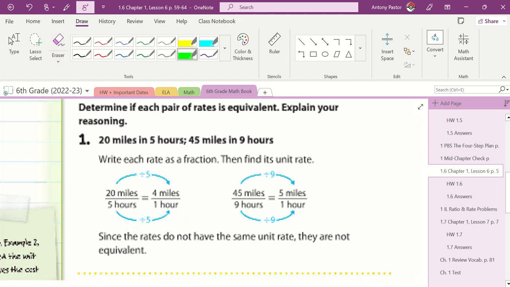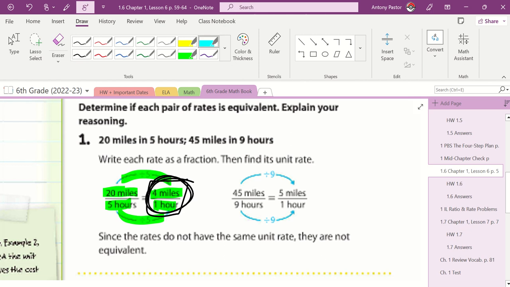I'm dividing both by 5 so that I can get 1 hour. When I divide 5 by 5, I get 1. When I divide 20 by 5, I get 4. So the simplest form or unit rate for 20 miles in 5 hours is 4 miles per hour, or 4 miles in 1 hour. That's the simplest form.